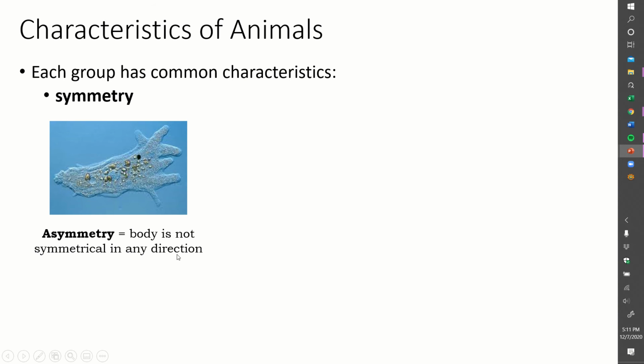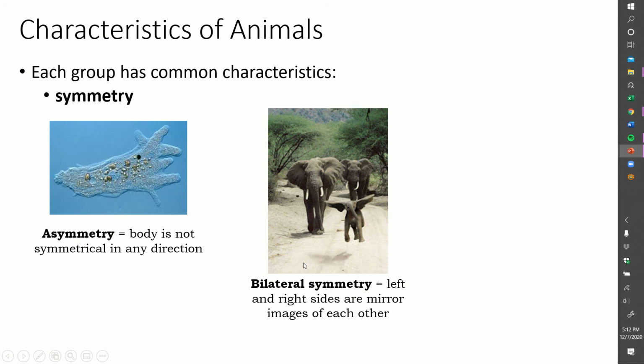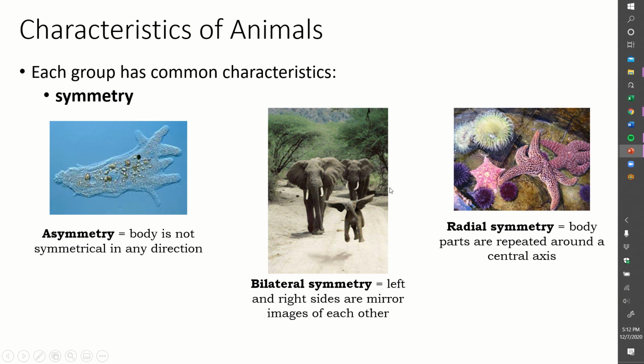Whether it's asymmetrical, meaning that there is no symmetry, like this is a protist, obviously, an amoeba, but it isn't symmetrical, meaning having mirror images on either side. Bilateral symmetry is by far the most common form of symmetry, and that is where if you divide something down the middle, you get left and right sides that mirror each other.